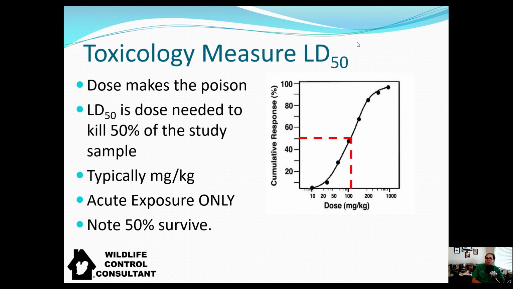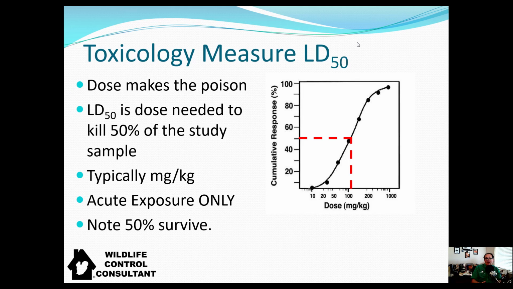So what is the problem with the LD50? Well, as I said before, an LD50 is the dose necessary to kill 50% of the test population. So that means only 50% of the rats die, which therefore means 50% of the rats live.